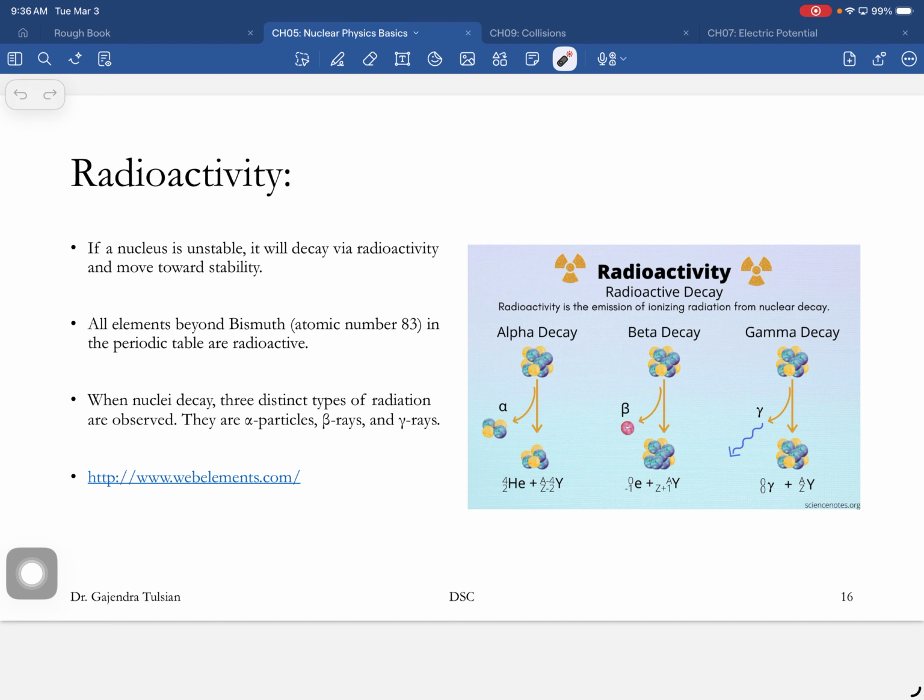The second way of decaying is beta decay, and in a beta decay, one of two things is happening. Either a neutron is turning into a proton. What is the charge on the neutron? Neutral. It's a zero charge.